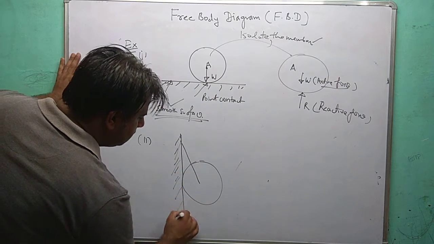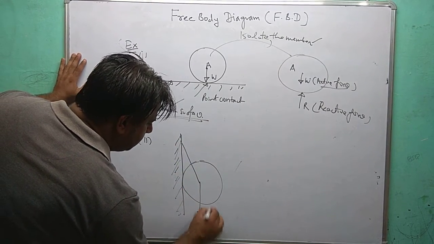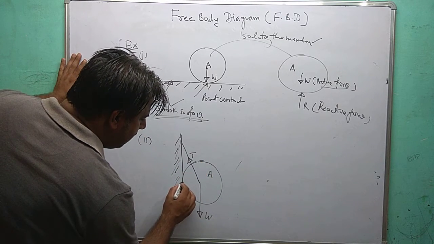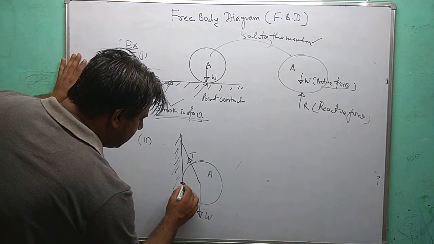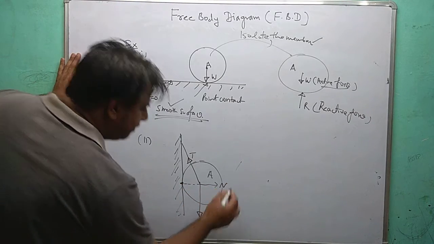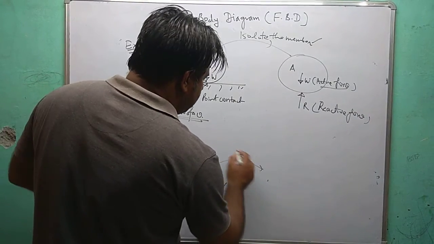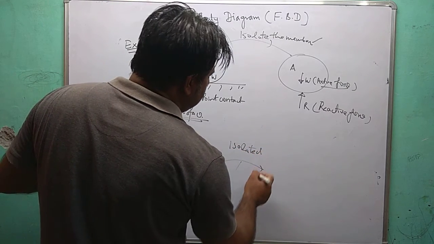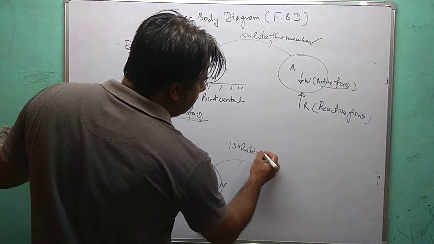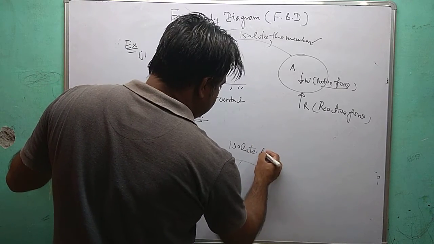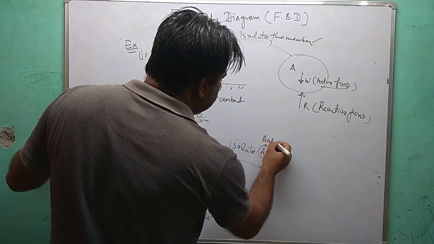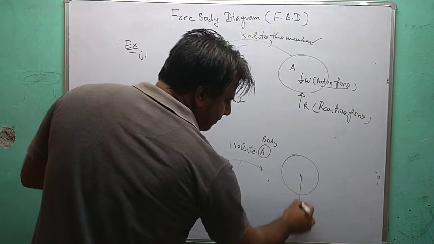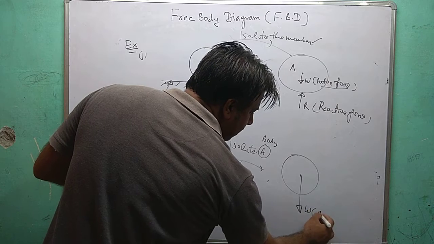This is the self weight of the object, suppose body A, this is the rope, tension T, and here is the point of contact, so normal reaction you represent N. So first isolate the member, isolate A, body A. So we isolated body A. Now active force means self weight, active force.